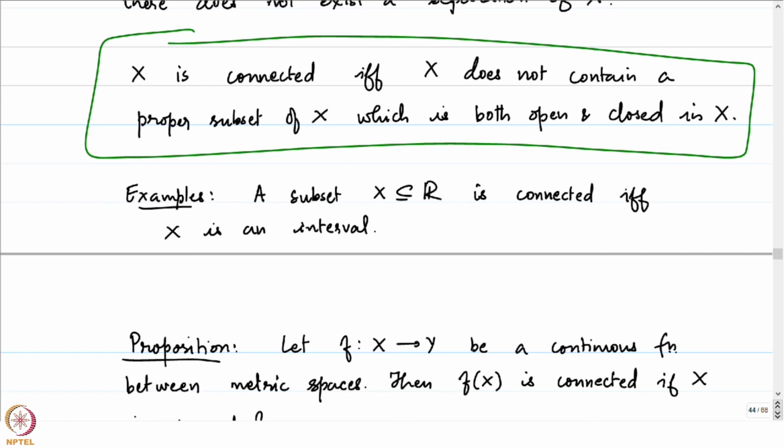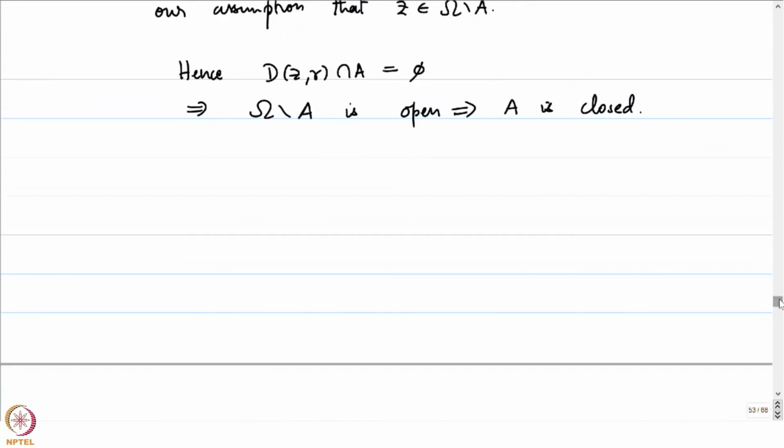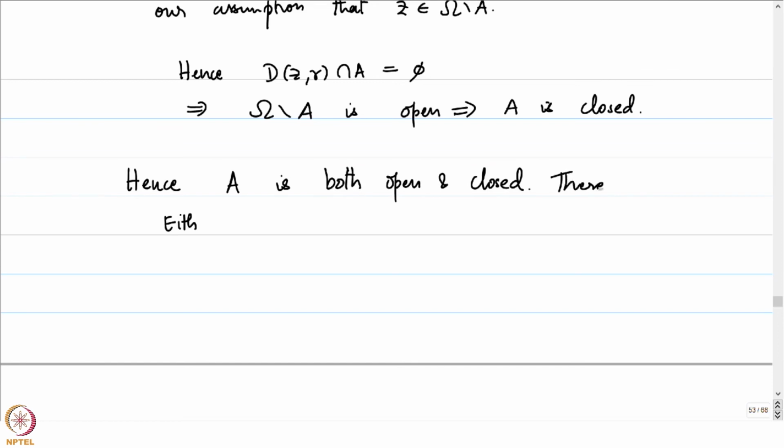We have now got hold of a set which is both open and closed. Hence A cannot be a proper subset, therefore either A is equal to omega or A is empty.